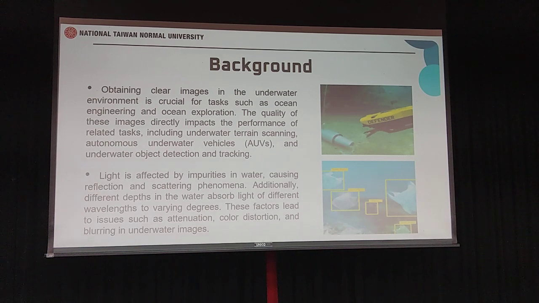Red light disappears first, while blue and green light can travel farther. At the same time, particles in water scatter light, producing haze, blur, and low contrast. Therefore, underwater images usually appear dark, blurry, and strongly blue-green. Improving their quality is essential for both visual observation and computer vision tasks.